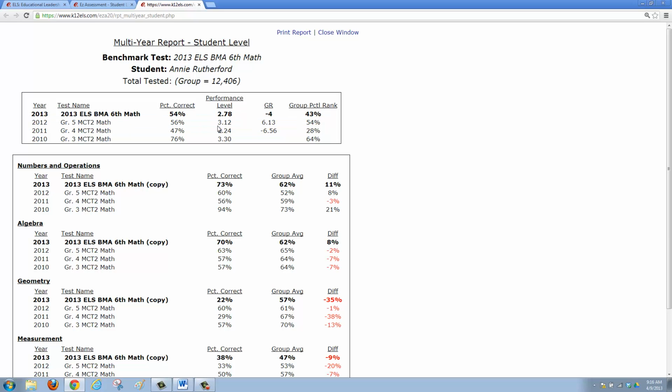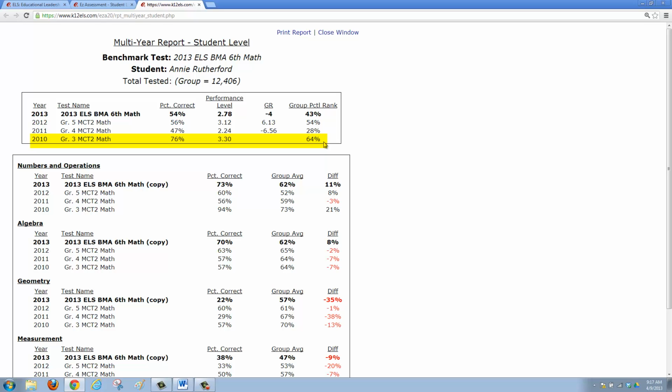If we look at her 4th grade math performance, we see that she did not perform nearly as well. She was at a 2.24 performance level, or basic, and she only scored at or better than 28% of the students. And then in 3rd grade, we see that she was at or above 64% of those 12,000 students on the 3rd grade math.